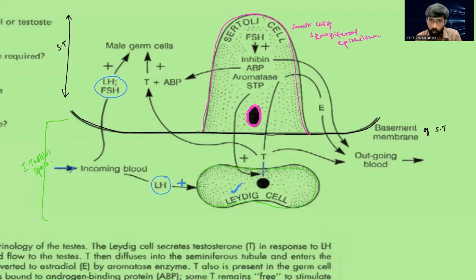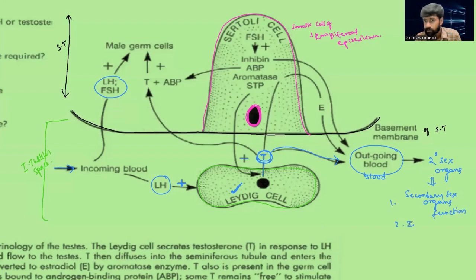Now the Leydig cells produce testosterone, T. Now T goes out by blood and reaches the secondary sex organs and controls secondary sex organ function and also influences the secondary sexual characters. These are the two important functions of testosterone when it passes away from the testes by means of blood.